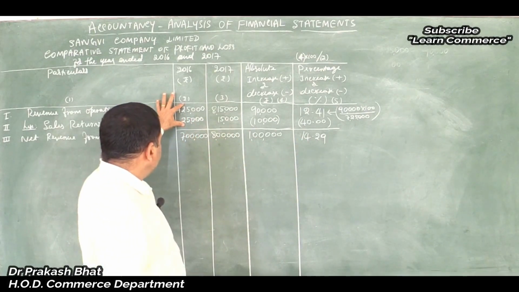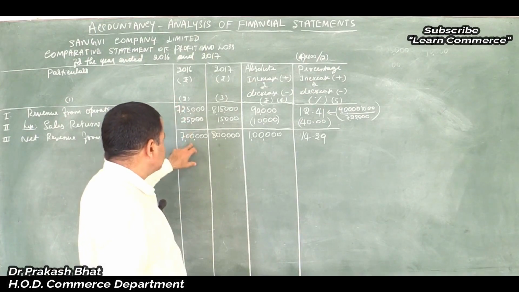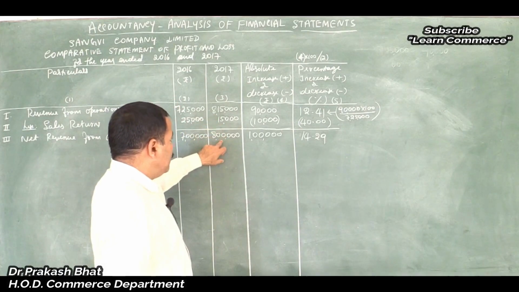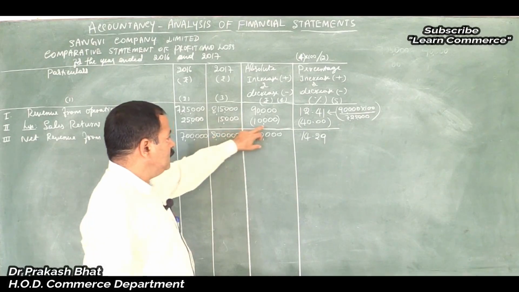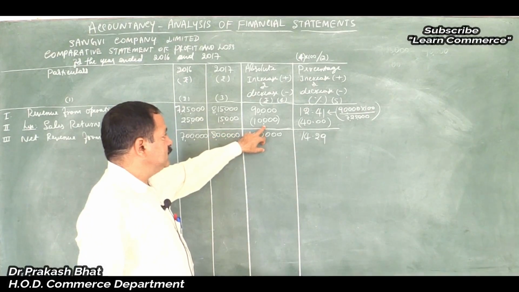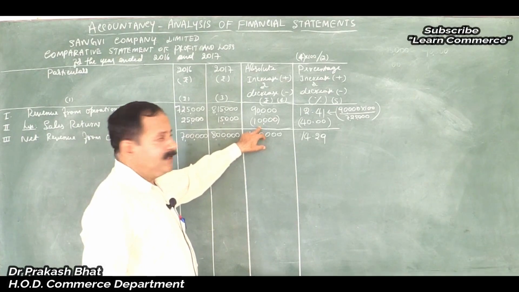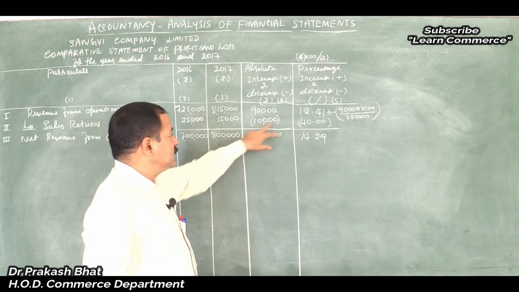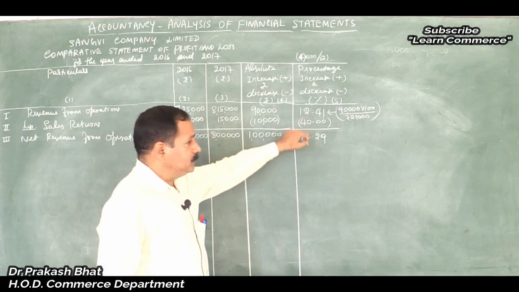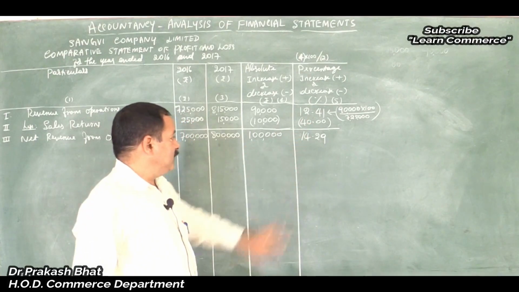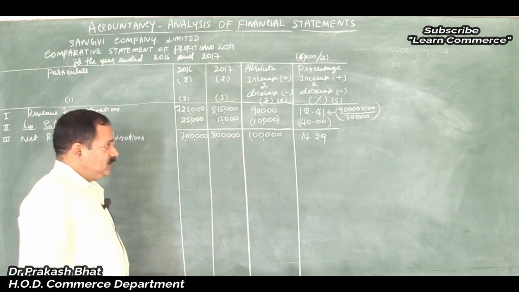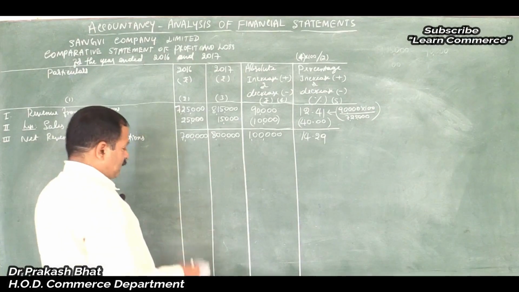Here you will deduct, isn't it? 725 minus 25, 7. 815 minus 15, 8. Then here 90,000 minus 10,000, so 1 lakh. But here don't calculate like that, just simply calculate and write the amount.